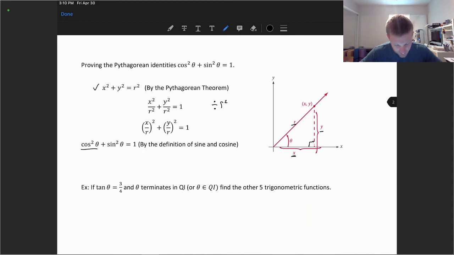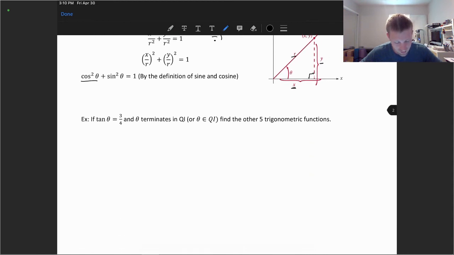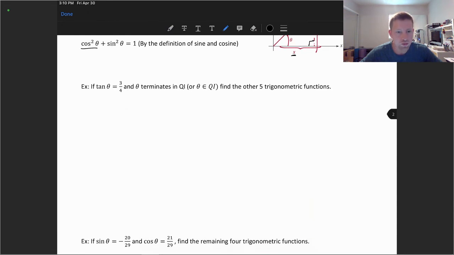So let's take a look at a few more right triangle problems working with finding all of our trigonometric functions for a given angle. Let's start with tangent of theta is equal to 3 over 4 and terminates in the first quadrant. We want to find the other 5 trigonometric functions. So let's first start by drawing a picture.